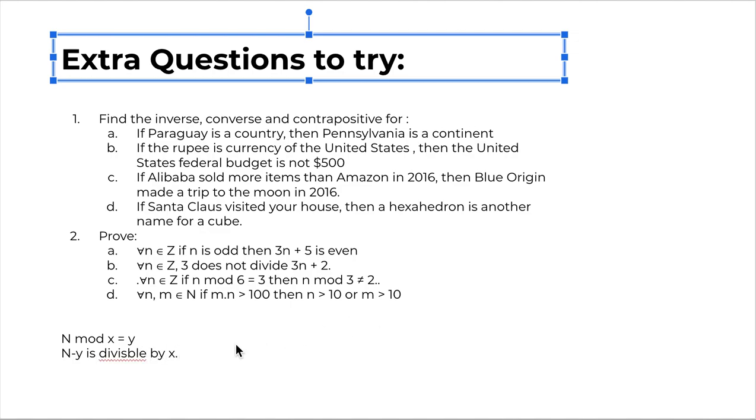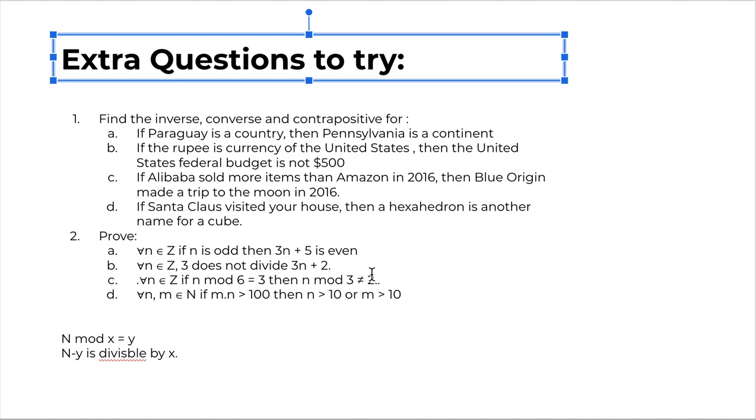So x is the divisor, and y is the remainder that you'll get when you divide n by x. Okay, so you're saying that if n minus 3 is divisible by 6, then n minus 3 would not be divisible by 2.